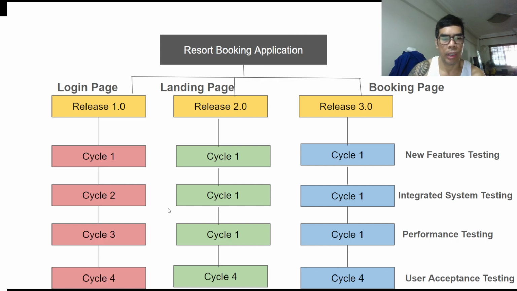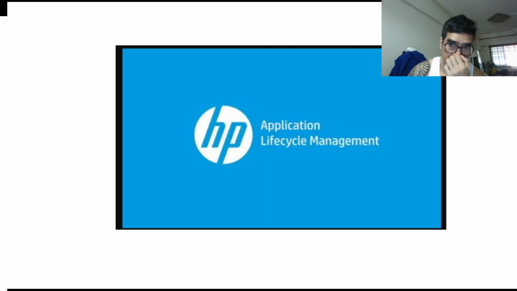We have an application called HP Application Lifecycle Management, or ALM. I would need to purchase this, but a demonstration of how to use ALM is also included in the module.